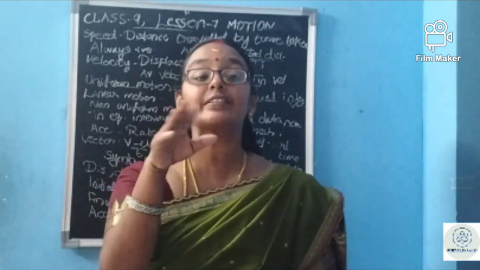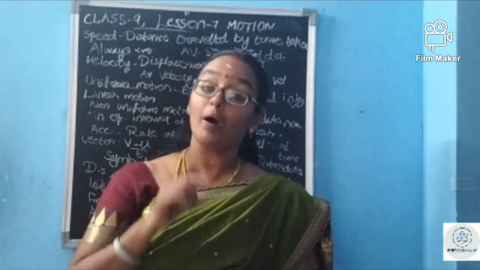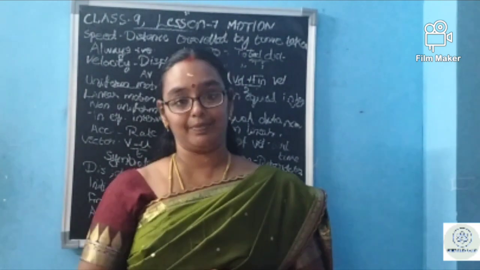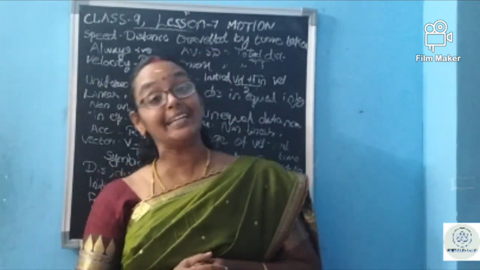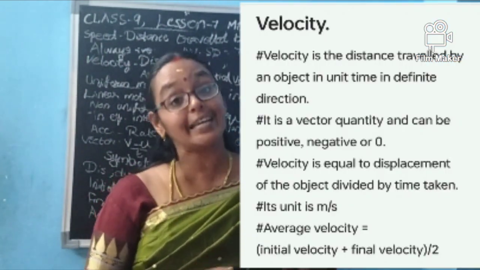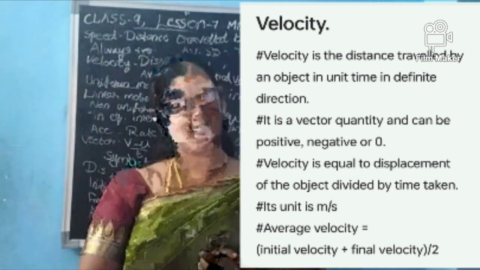But there is something which has direction. What is that? Displacement. So what is velocity? Displacement with time. How much the body is displaced with respect to time is velocity. So is it a vector or a scalar quantity? It is always a vector quantity, while speed is always a scalar quantity.